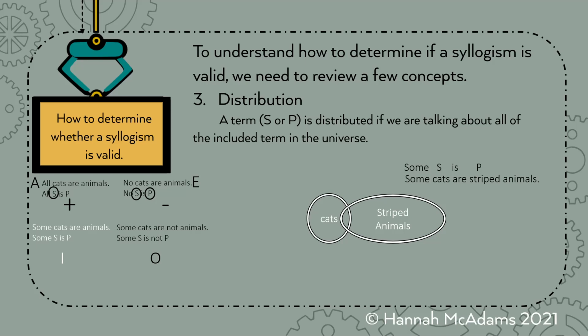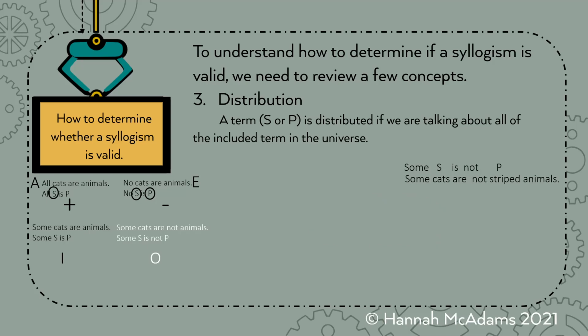So if you see this, it's a Venn diagram. There's a little bit in the middle where the circle and the oval overlap, and those are the cats that are striped, right? So we're not talking about all the cats, and we're not talking about all the striped animals. So they're not distributed, because we only distribute things when we are talking about all of them, okay?